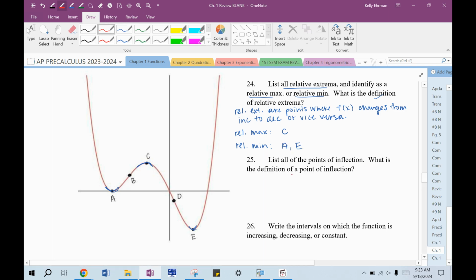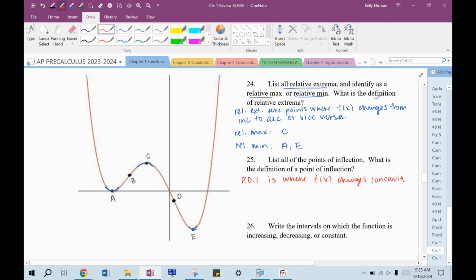List points of inflection. What is the definition of a point of inflection? Again, that was a question on your quiz review and quiz, and here it is again. A point of inflection is where f of x changes concavity.